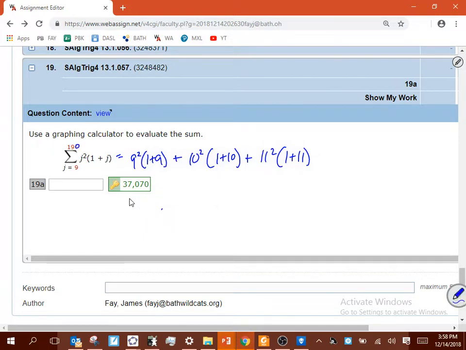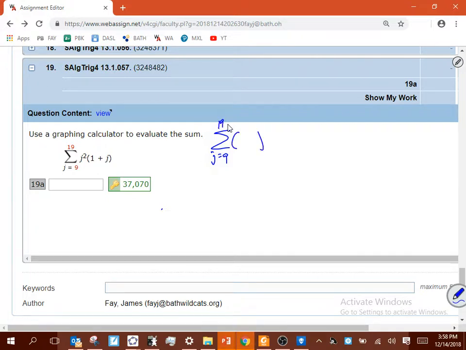And what happens if I change that to 190? You're still writing that down, and I'm done with the assignment. So how do we address this? Well, I think the best thing to do is this idea. If I want the sum of J equals 9 to 19 of whatever, that's going to be the same thing as the sum of J equals 1 to 19 of that whatever, minus the terms 1 through 8, since this list includes 1 through 8 but I do not want them.